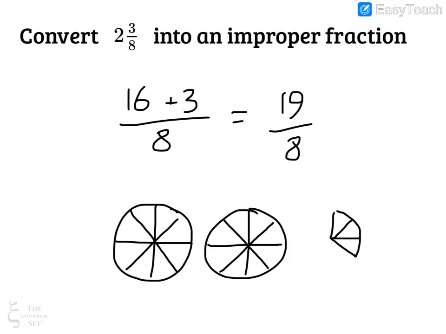And an extra 3 over here. So how many eighths have I got? Let's count them up. 1, 2, 3, 4, 5, 6, 7, 8, 9, 10, 11, 12, 13, 14, 15, 16. That's where that 16 came from. 17, 18, 19. I've got 19 eighths. Great.